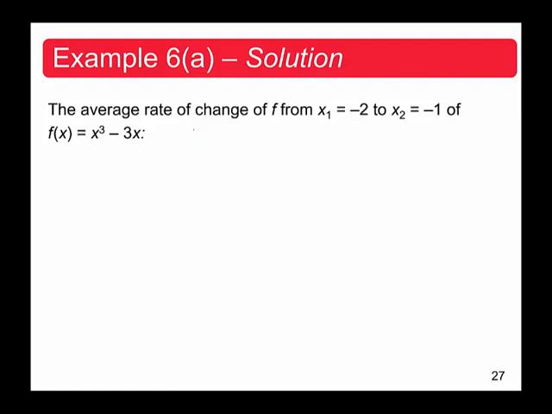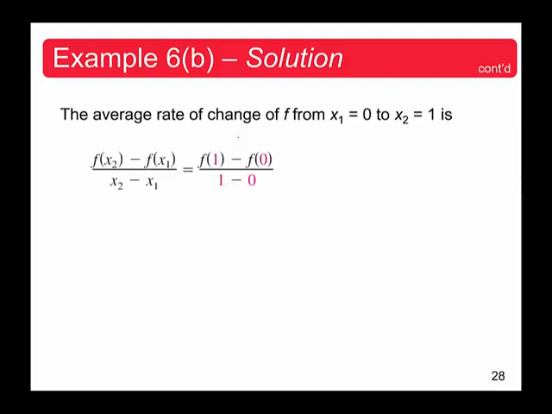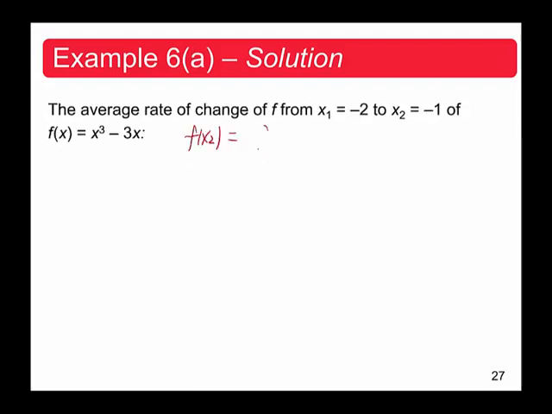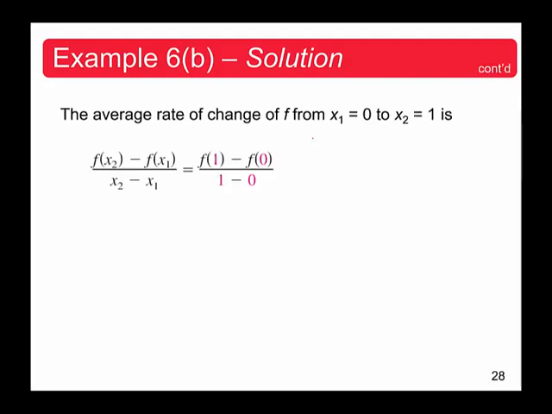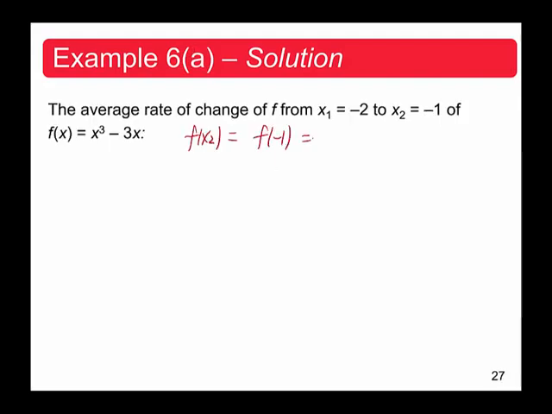We also need to know f of x2. f of x2 is the same thing as f of -1. So we go back to the function and replace x with -1. So we get -1 cubed minus 3 times -1.